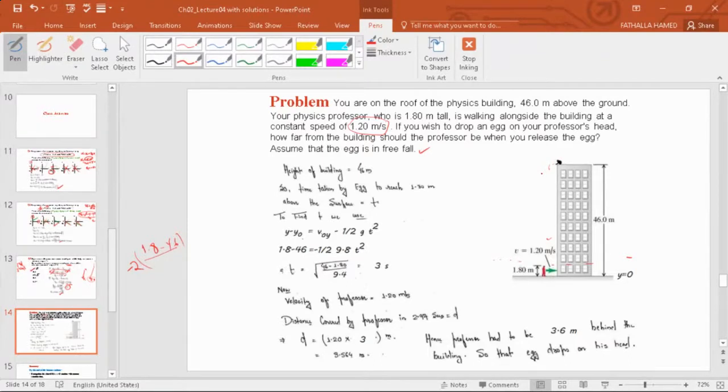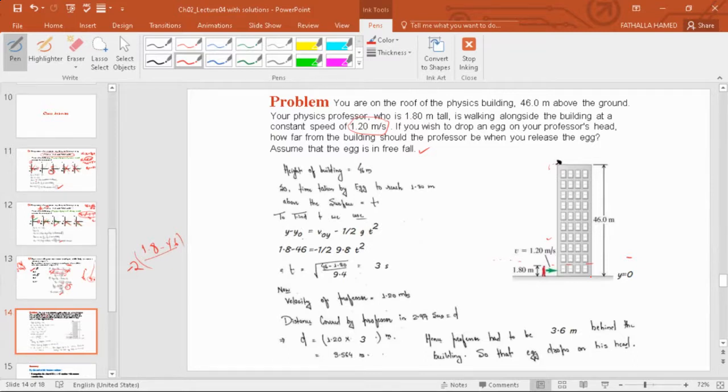Actually, you have three scenarios here. Either the egg will fall in front of the professor before he walks into the building, or it drops on his head, or it will drop after he walks into the building. So it all depends on your timing, if you want the egg to drop on his head.